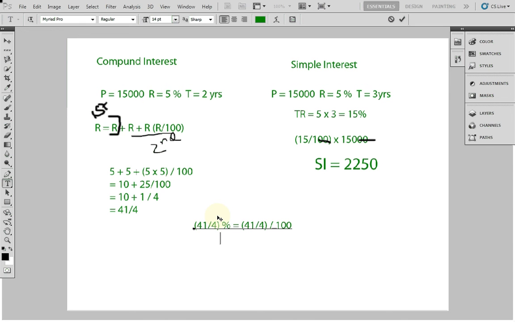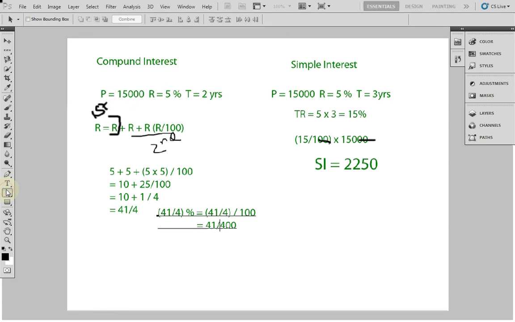So by solving this, what we get? 41 by 400. Okay, it's the rate of interest, 41 by 400. Now we have to calculate compound interest on this rate at principal 15,000.